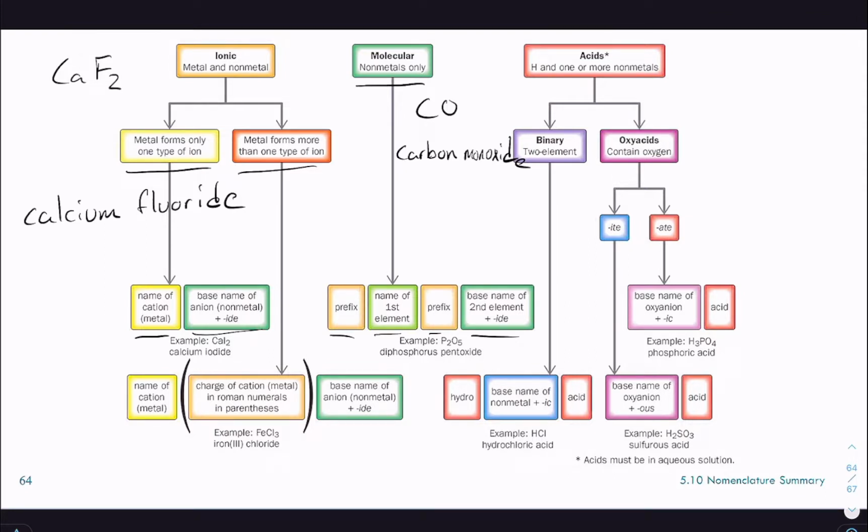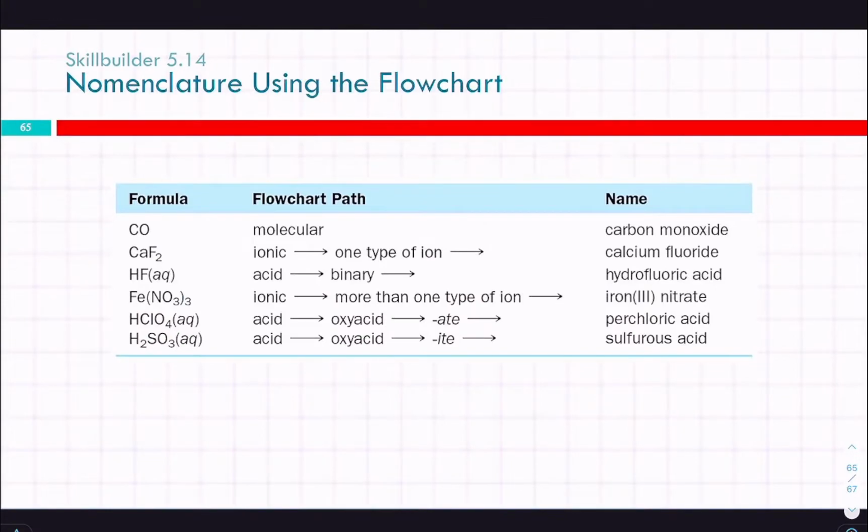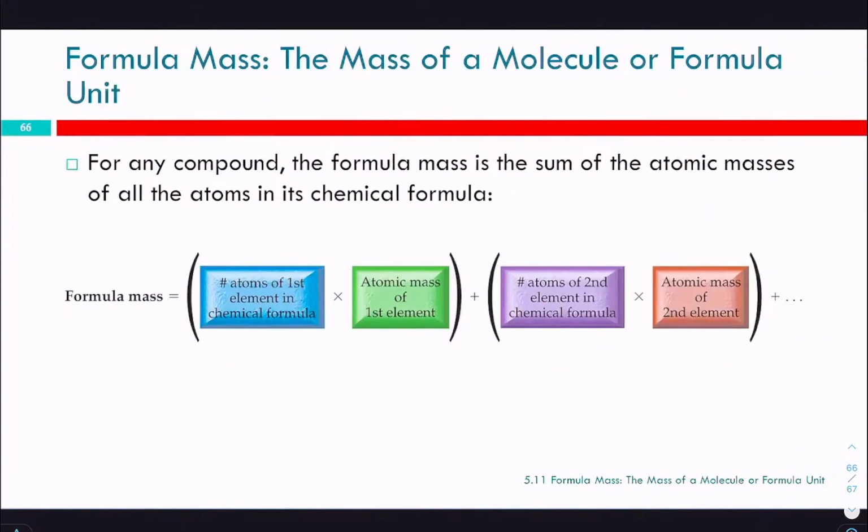If you want to get practicing on these right away, the nomenclature worksheet is on Canvas, and that's next week's lab, so you could start working on that now if you wanted to. The last thing that we're going to cover for this chapter is formula mass, which is the mass of a molecule or formula unit.